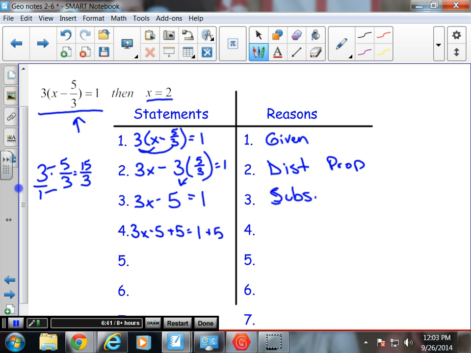That is called the addition property. Okay, once again, when you add those together, you get 0. You add this together, you get 6. You get 3x equals 6. That is substitution again.